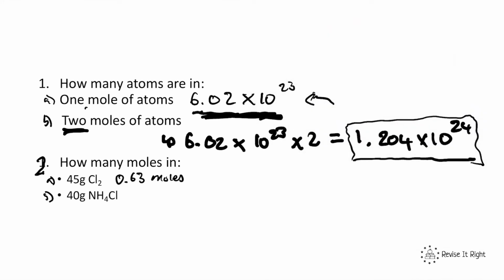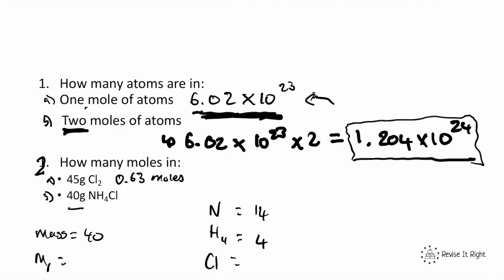Okay, so we've got our mass, which is 40. And then we've got our MR, which we need to work out. So N, H4, and Cl. Nitrogen has a mass of 14. H4, so H has 1, 4 lots of them is 4. And Cl is obviously 35.5. To work out our MR, we need to add these together.